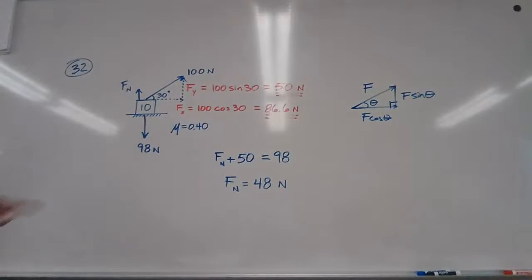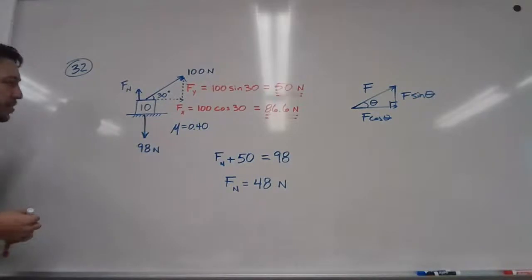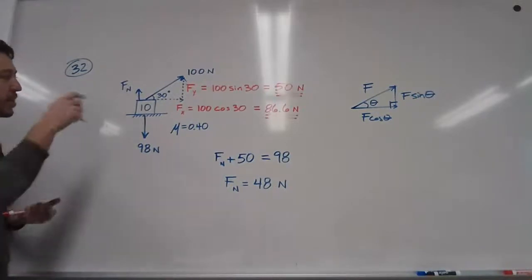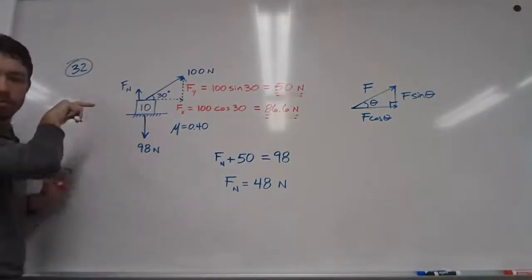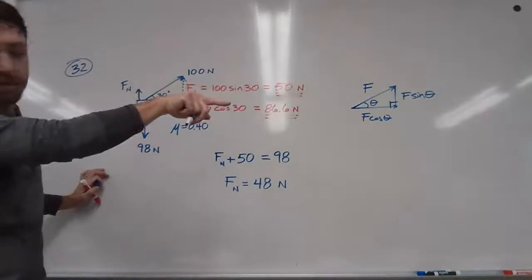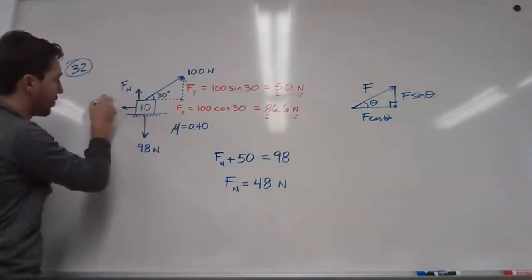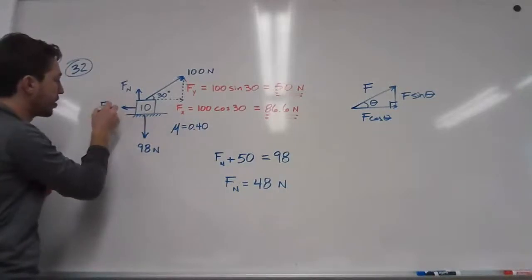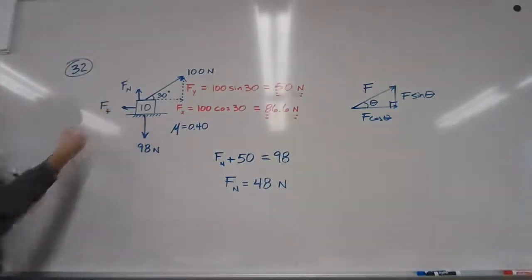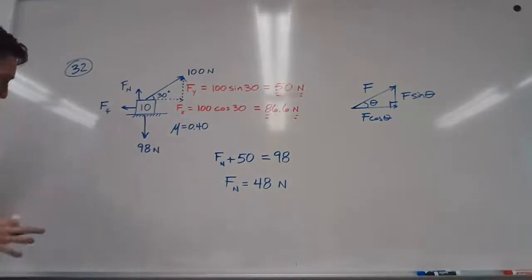Let's now get one more force on our force diagram. As we move down here, that's actually not the entire picture, is it? Because this block should be moving to the right. So there's going to be a friction force right here. Everyone okay with that? Now let's calculate that.